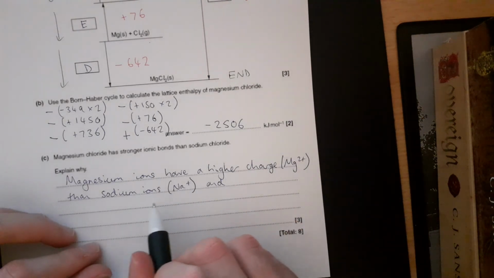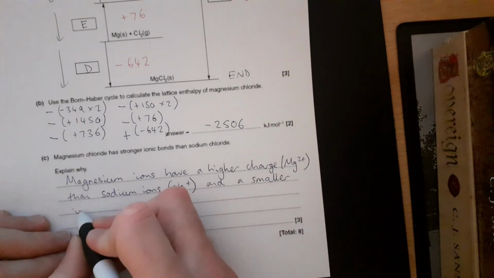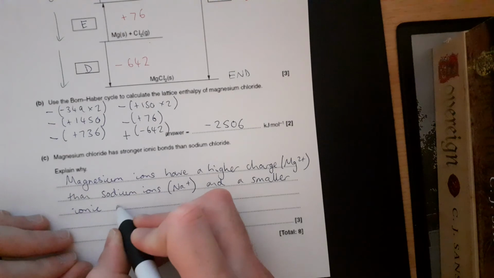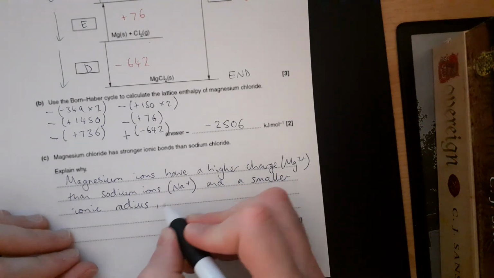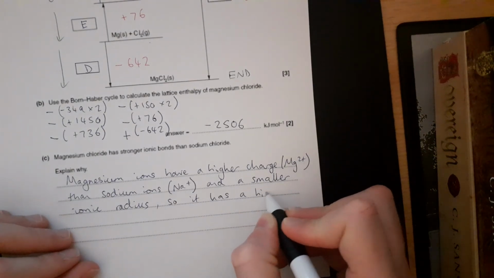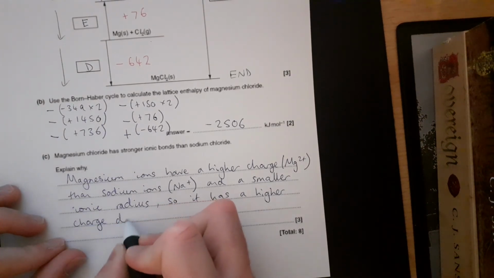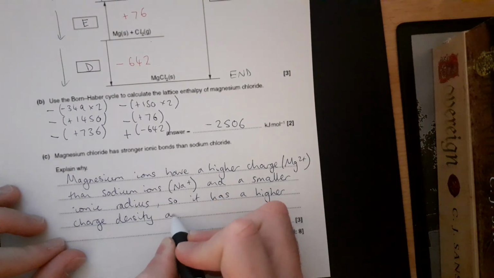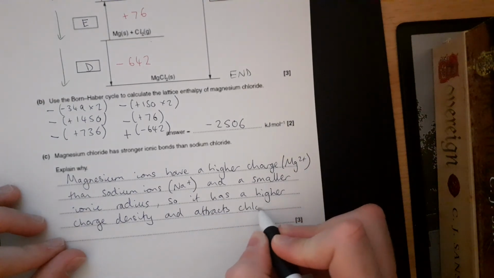So there's a higher charge in magnesium ions and a smaller ionic radius. Do say ionic radius, not atomic radius, because we are talking about ions here. So it has a higher charge density and attracts chloride ions more strongly.